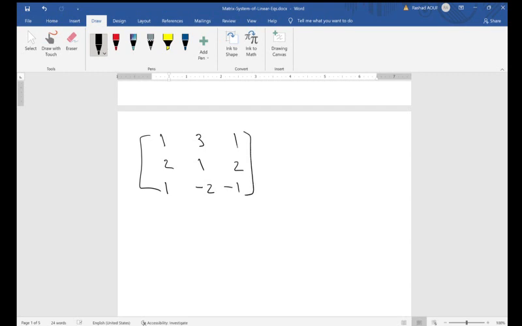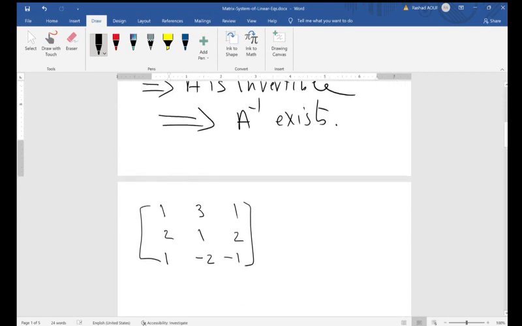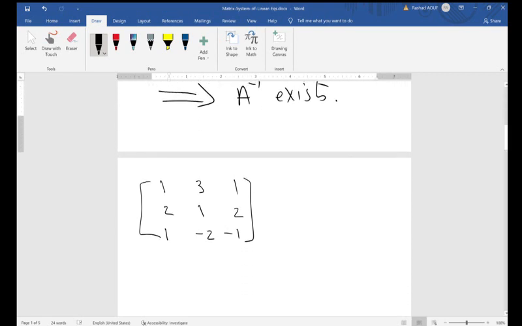What I have to do with the Jordan method is to move from matrix A to the identity matrix I3, like this, using some operations, then use the same operations used in the first stage to obtain the last matrix A minus 1.